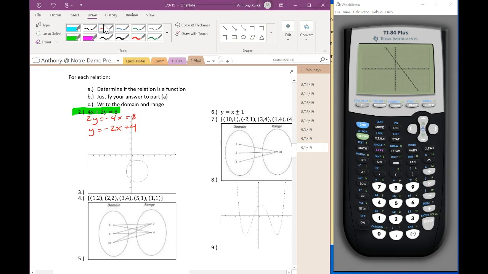Everybody happy with looking at the graph here? Okay. So, yes, this is a function. As far as justifications, I want to be clear about what the expectation is here for a justification. So, Kate, you said it passes a vertical line test.